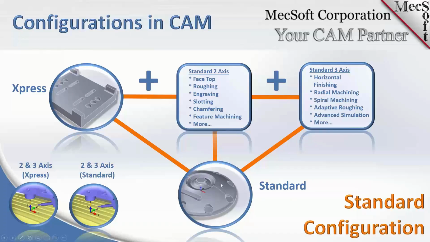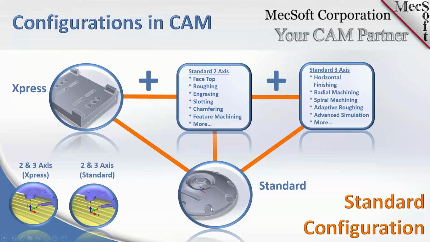So in the little picture here for the part, you see a part that's a little bit more than just prismatic. You've got some contoured surfaces that you need to machine, which would be better served using the standard configuration.